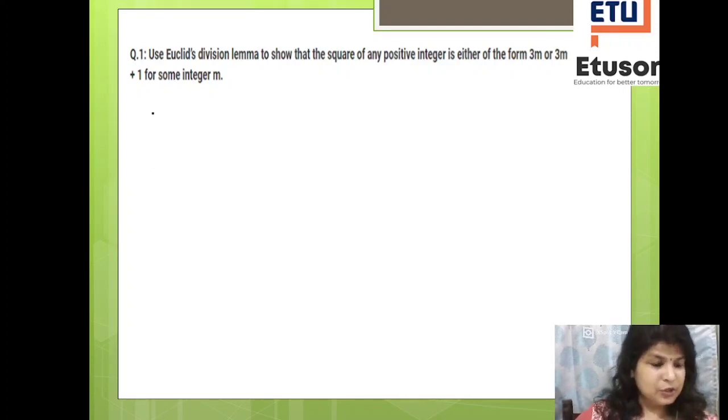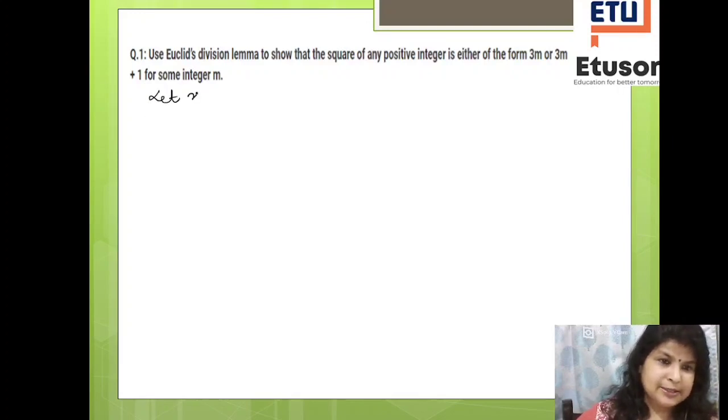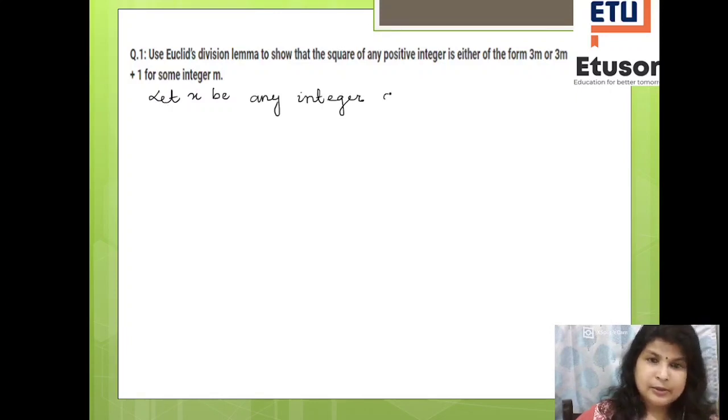Okay children, so how we will start? Let x be any integer and y is equal to 3.